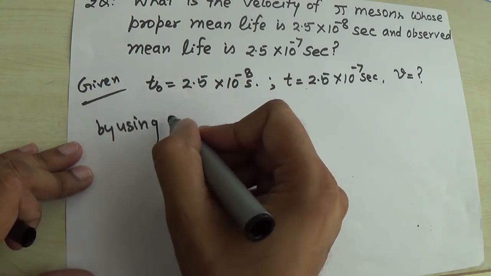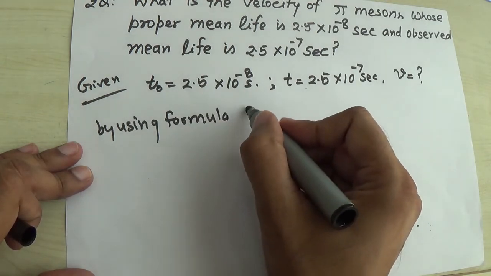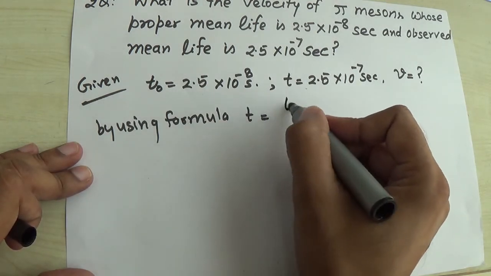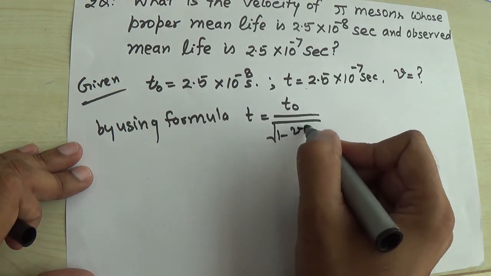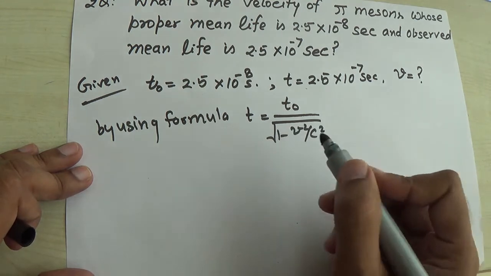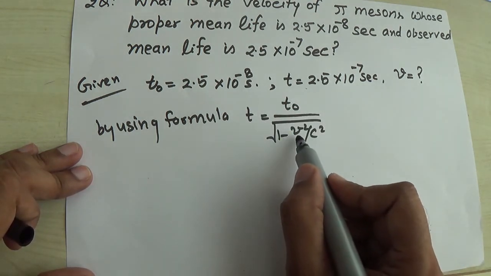which one? Of time dilation, that is t is equal to t naught upon square root of 1 minus v square upon c square. So t and t naught are given, I have to find out v.